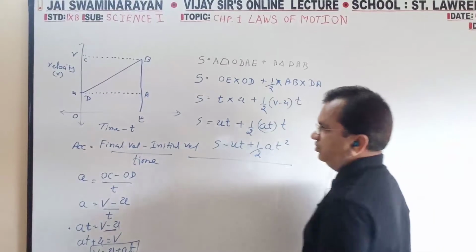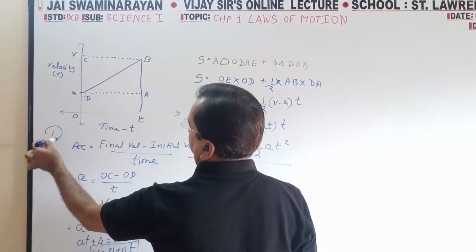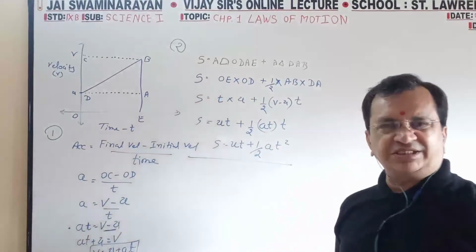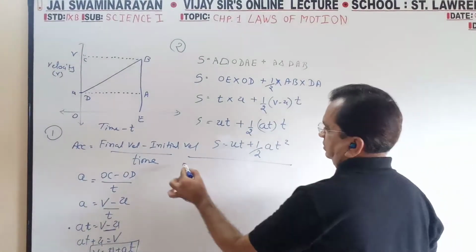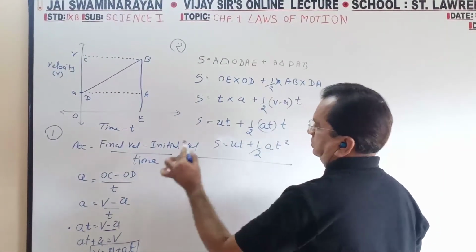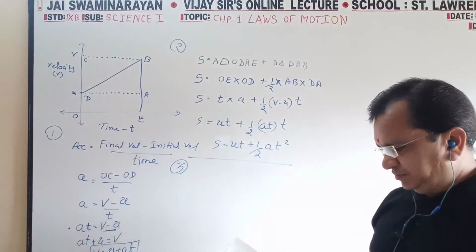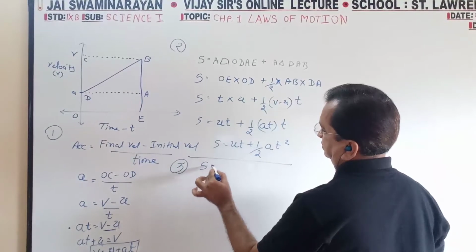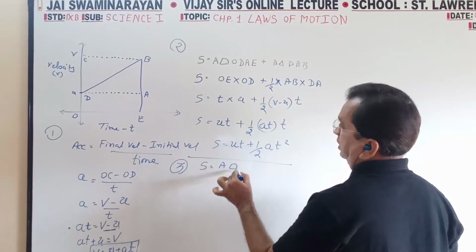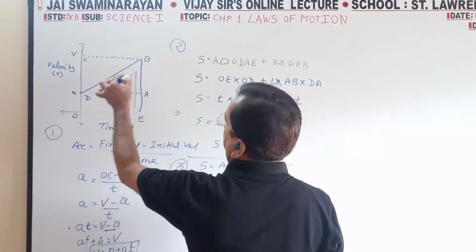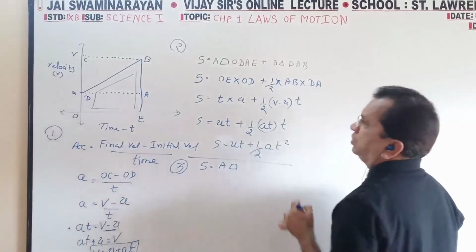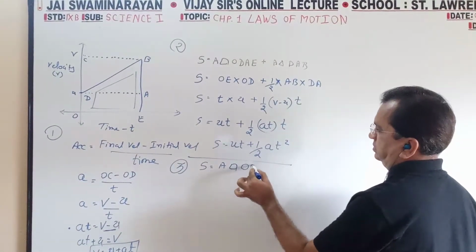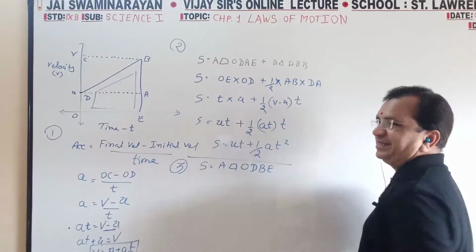So this is the first equation of motion for acceleration, the second equation of motion for displacement S, and the third equation of motion is also for S. Now we will take the area of the full quadrilateral, ODBE. It is a trapezium.